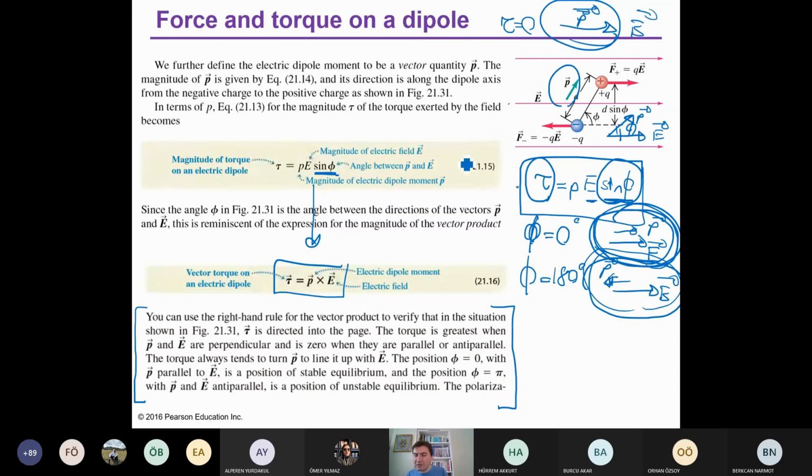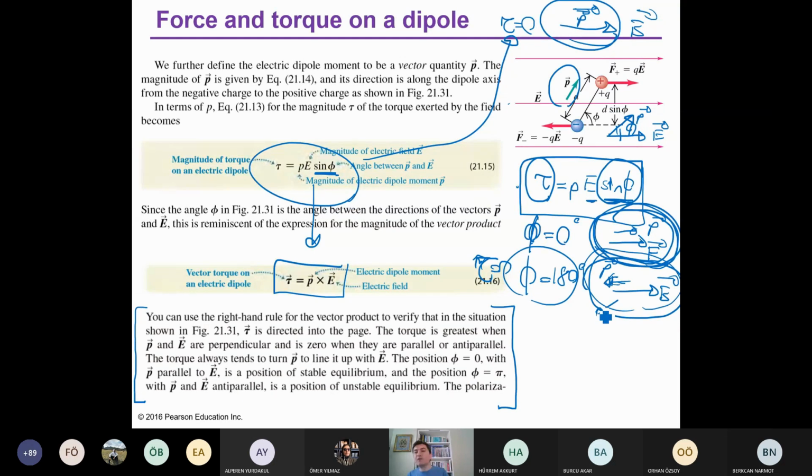Okay, because they are parallel to each other. When they are anti-parallel to each other, again, the net torque is 0 acting on the system. But this is an unstable condition. If this P polarization is slightly deviated from the anti-parallel condition, then there will be torque acting on the system.